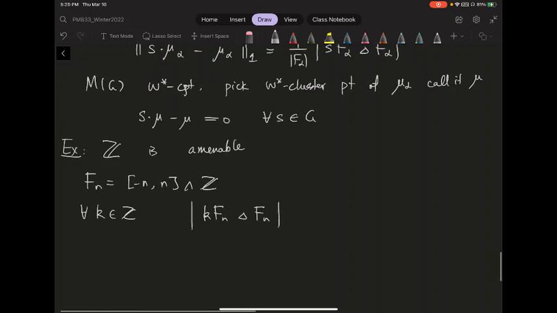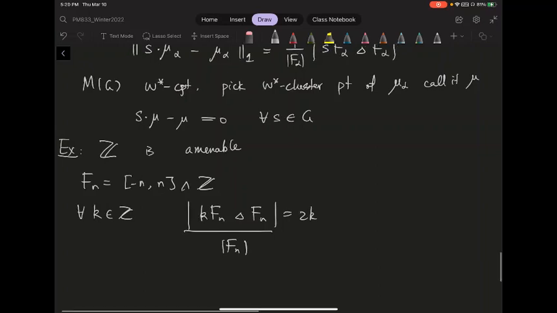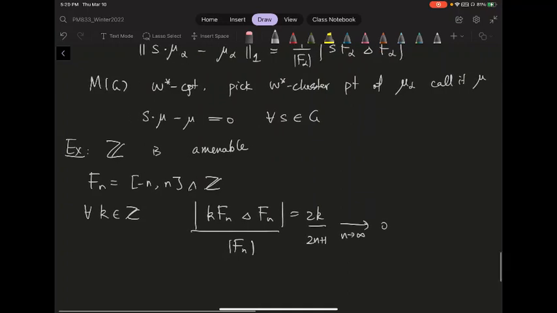So this set difference always has size on the order of k, and it's going to be really small compared to the number of elements in F_n, which is 2n plus 1. So when you divide by the size of F_n, that's going to go to 0 as n goes to infinity. That just shows that the set of all integers is amenable.